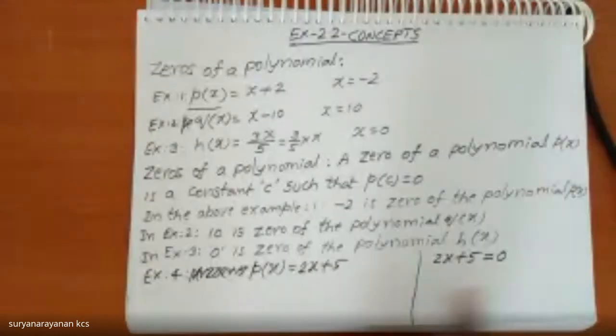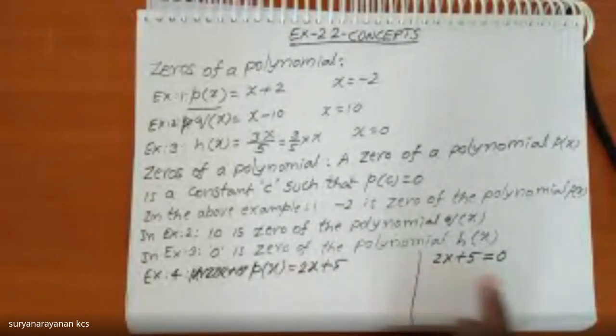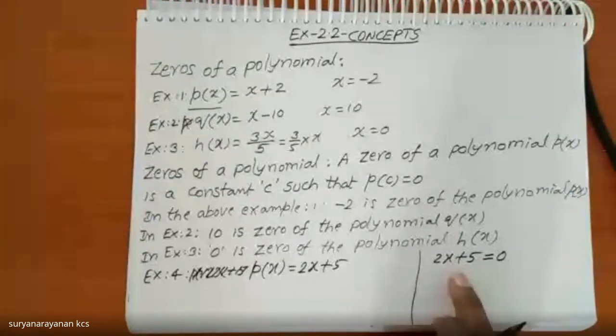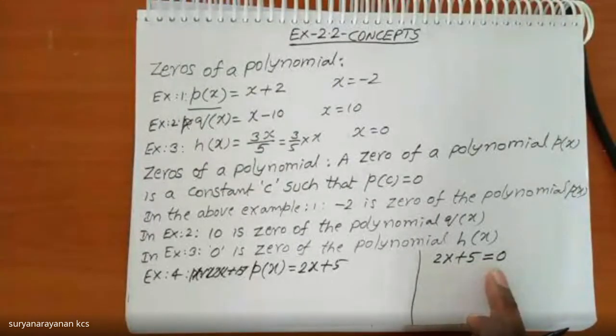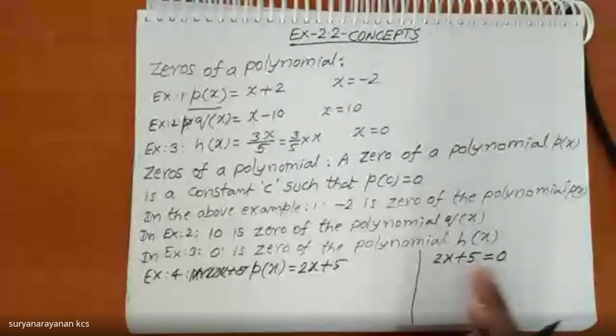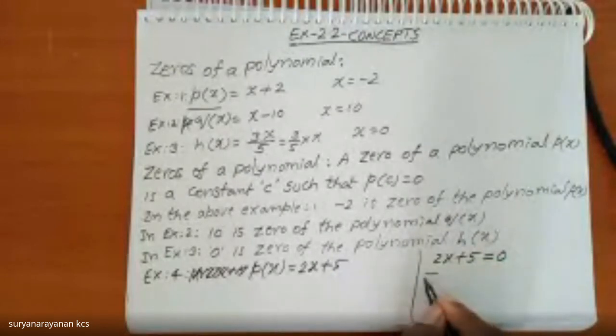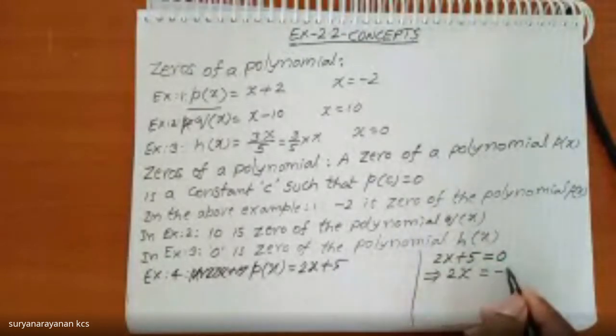What is the first step? Write the given polynomial as it is. Keep an equal to sign and on the RHS keep 0. Then you get an equation in x. It is a simple equation. Now we have to solve this equation for x. Then 2x is equal to, by transposing plus 5 to the RHS, it becomes minus 5.